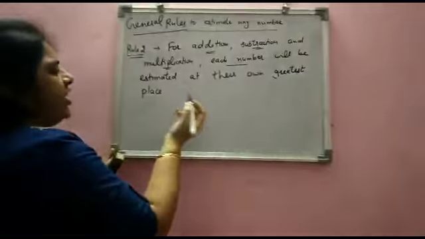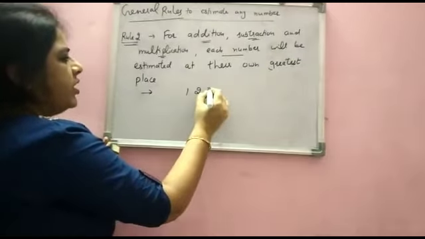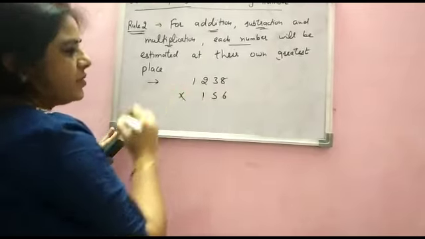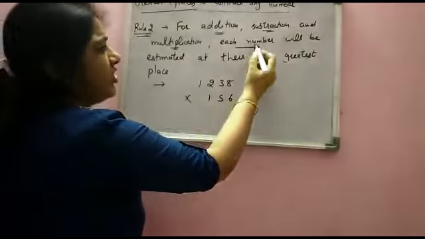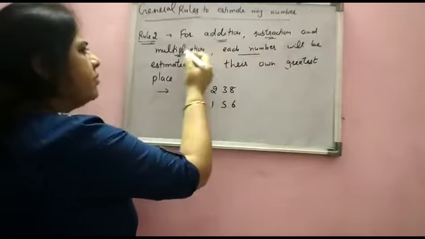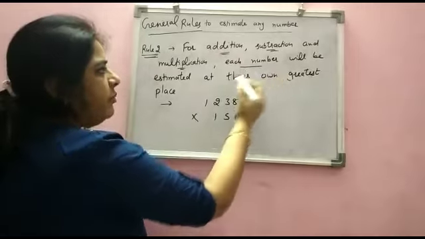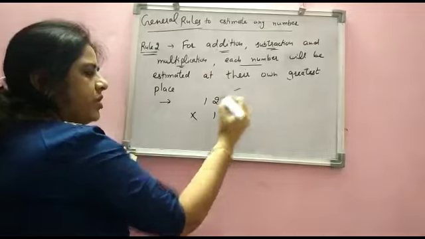Now students, for the next example, 1238 multiplied by 156. Same as rule 2, whether we are having addition, subtraction or multiplication, the rule will be the same. So each number will be estimated at their own greatest place. What is the greatest place for this number?